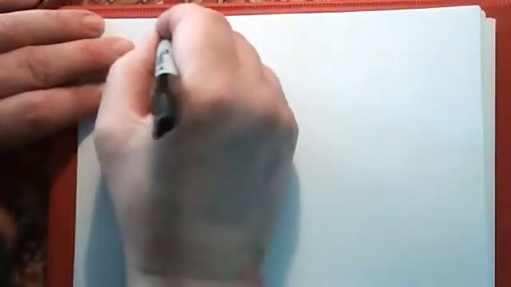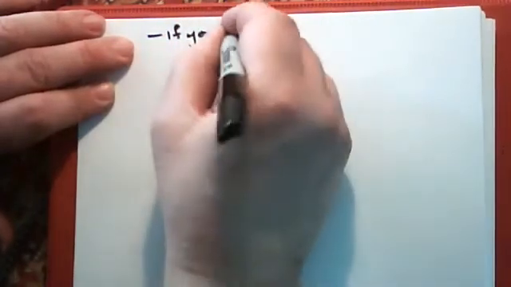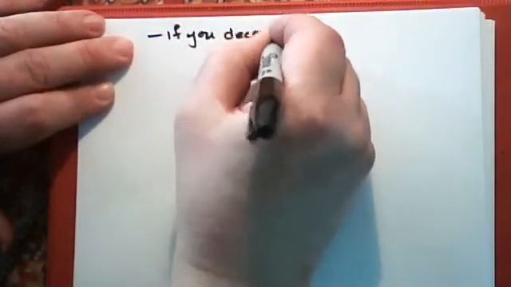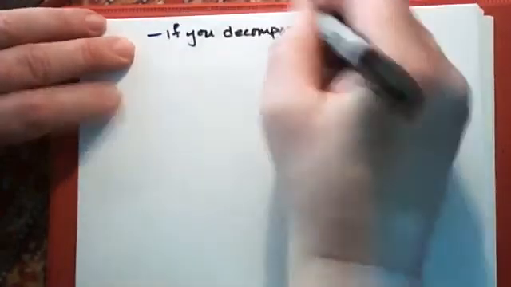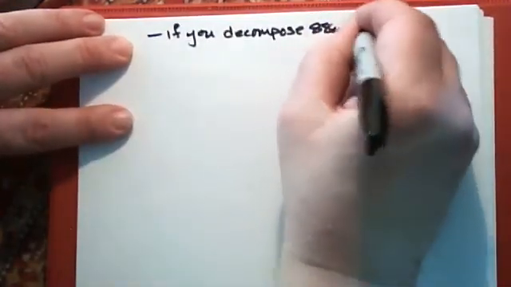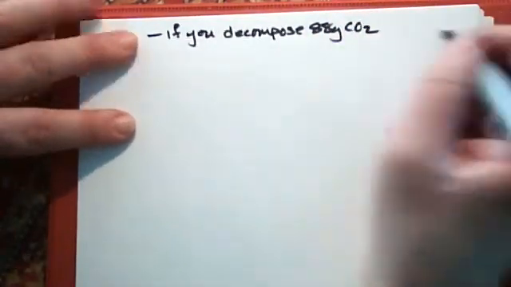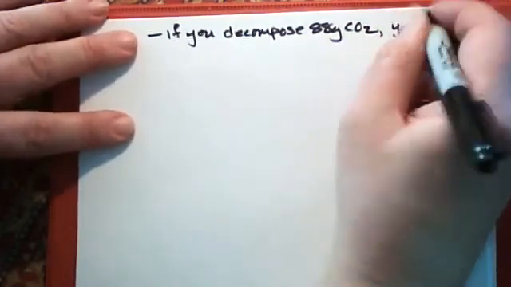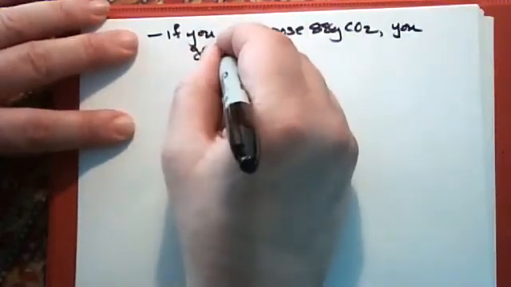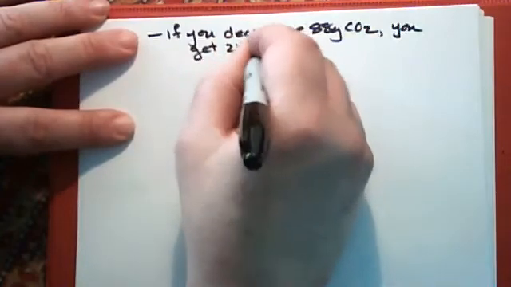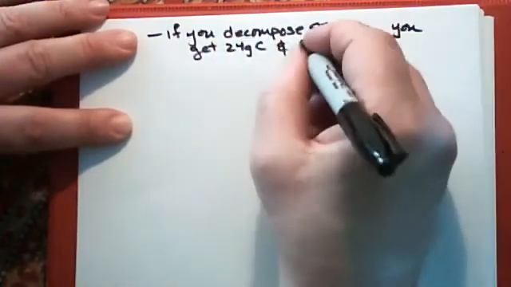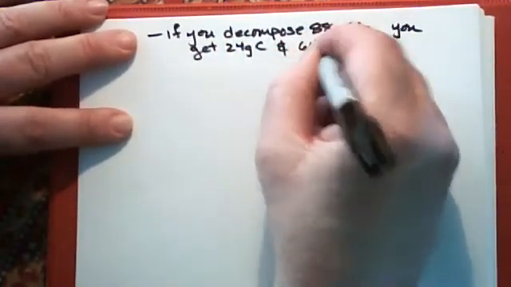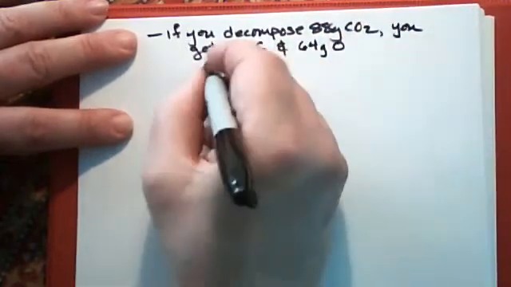If you decompose, say, twice as much carbon dioxide, say 88 grams of CO2, you get 24 grams of carbon and 64 grams of oxygen.